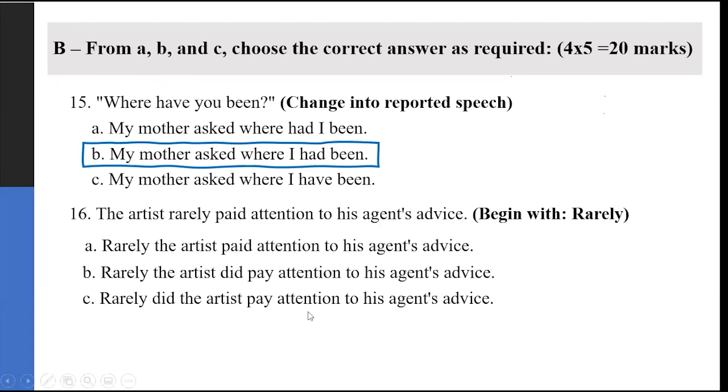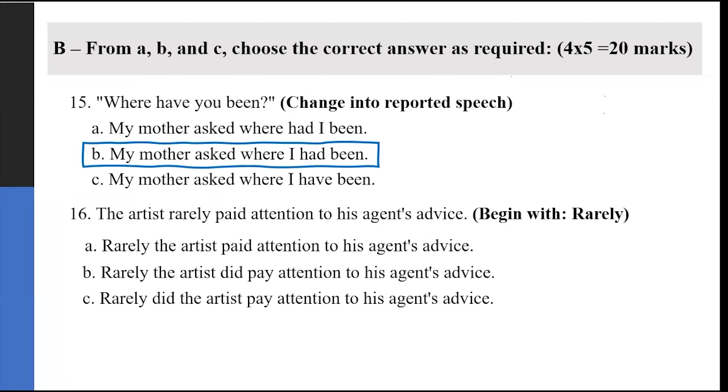Next, can I have a participant to read, please? Yes, Uthman. Read number 16, please. Artists rarely paid attention to his agent's advice. And then it says begin with rarely.